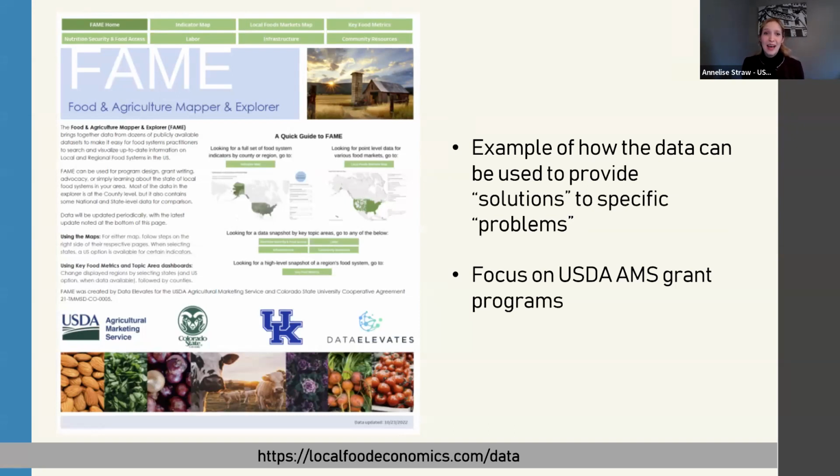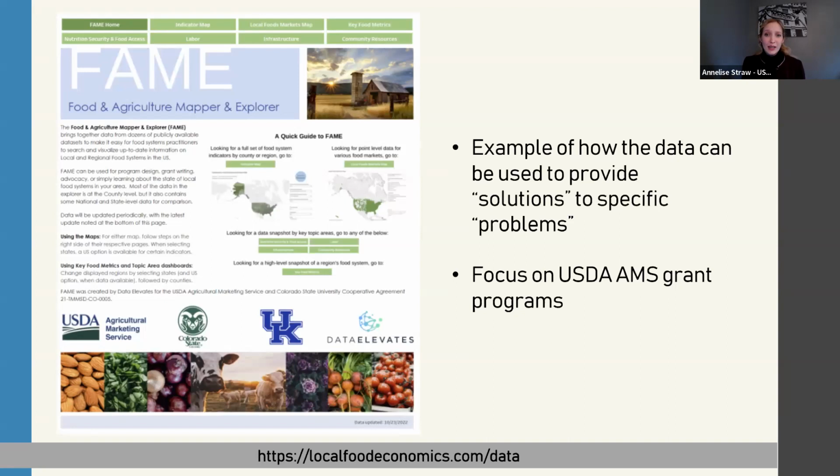So the hope is that food system stakeholders can use FAME to help with things like program design, business planning, grant writing, advocacy, or just to learn more about the state of local and regional food systems in their area through different data visualizations. Another hope is that the preloaded data scenarios, which we'll show in a minute through the demos, help reduce the burden of accessing and using data for local and regional food systems stakeholders.